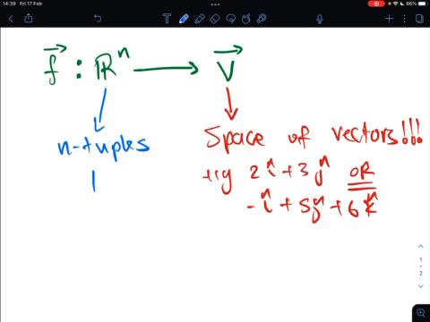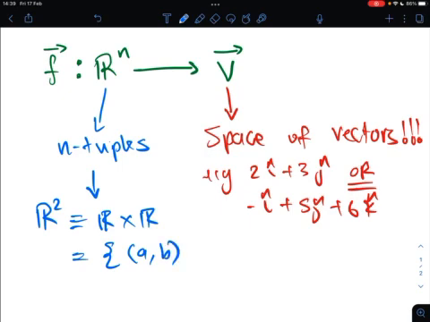What we mean by that is that if you have R2, which we refer to mostly as a 2-dimensional space, this is just the same thing as R crossed with R, which is the set of all terms of the form (a, b), such that both a is a real number and b is a real number.